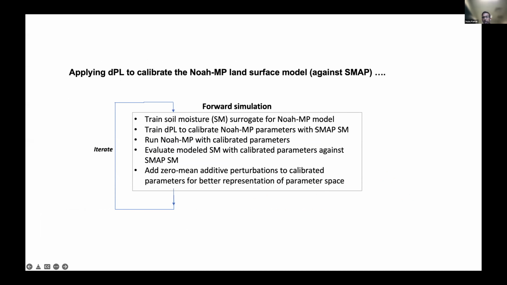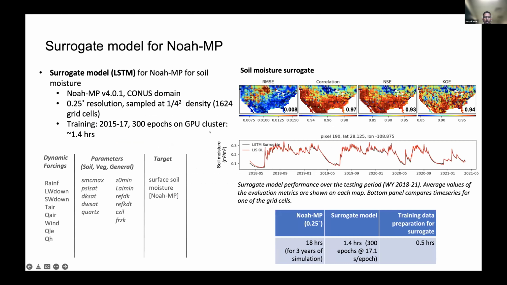And then because these emulators are very fast, we can use them to learn the underlying parameters, and then transfer these parameters over to the actual land surface model, essentially getting around the limitation of running many iterations of the land model.